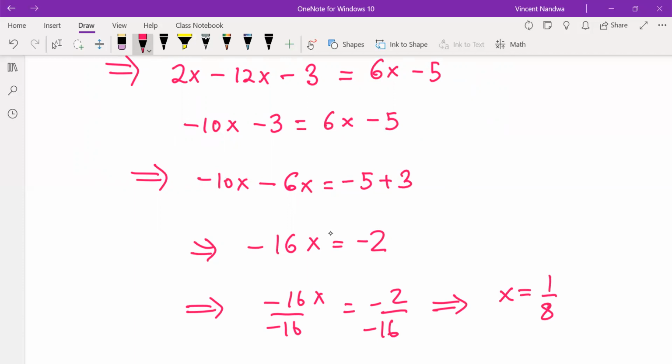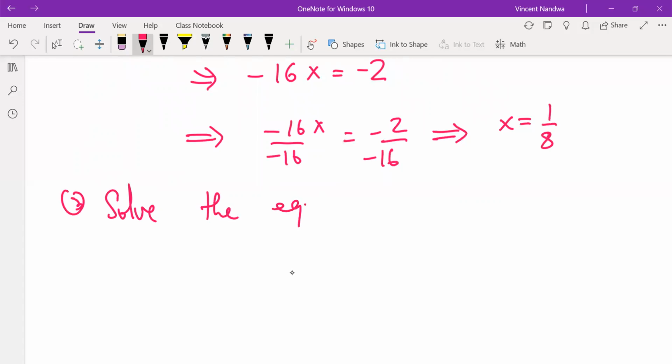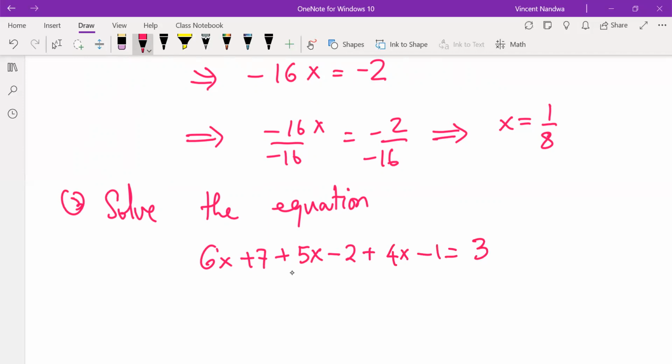Next problem. Solve for x given that 6x plus 7 plus 5x minus 2 plus 4x minus 1 equals 36 plus 7x.